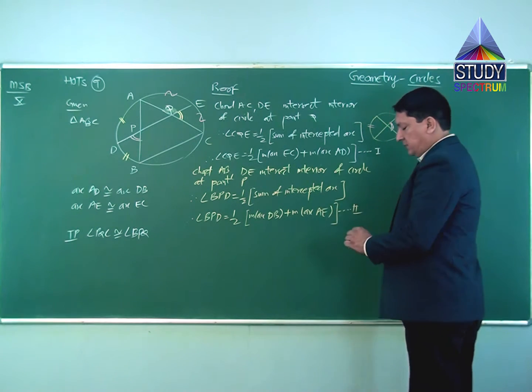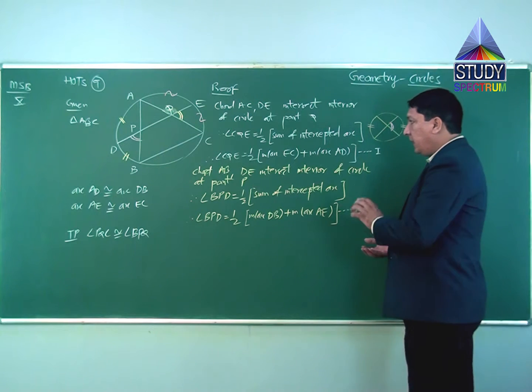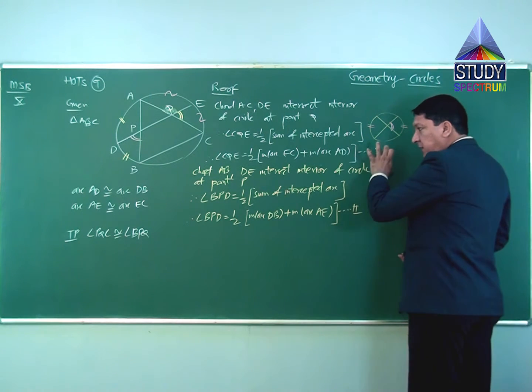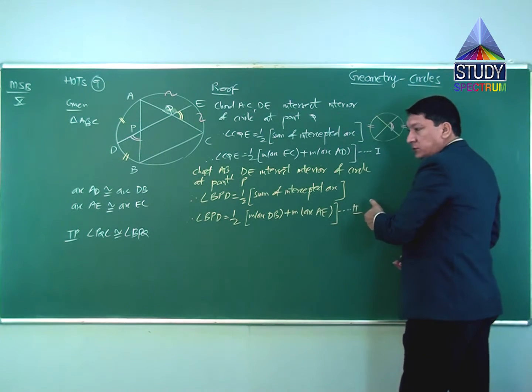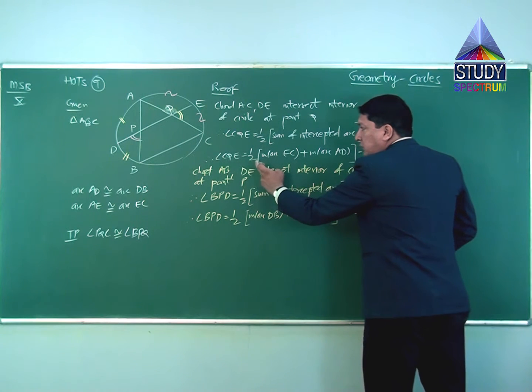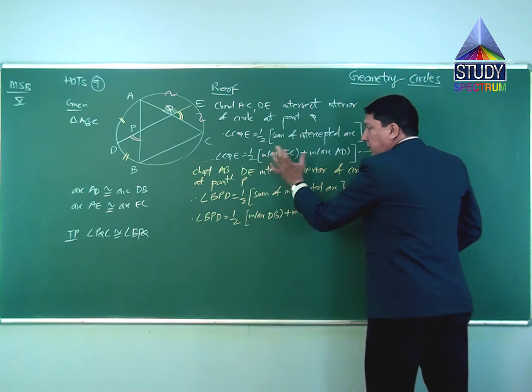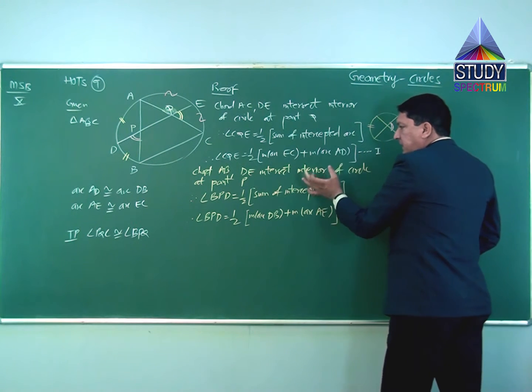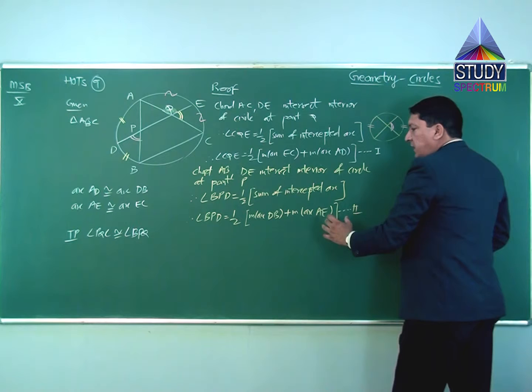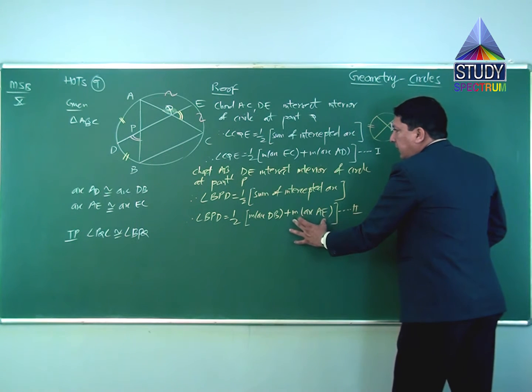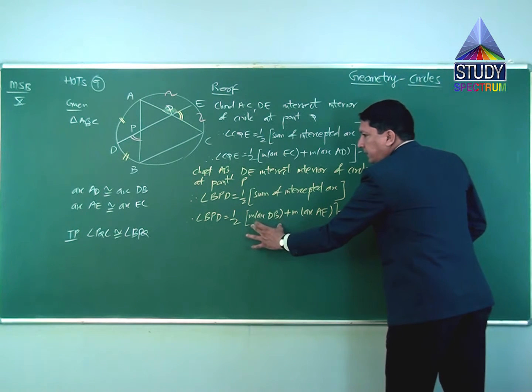Now look at the first and second equations nicely. In the first equation, the right hand side has half of arc EC and arc AD. In the second equation, the right hand side has arc AE and arc DB.